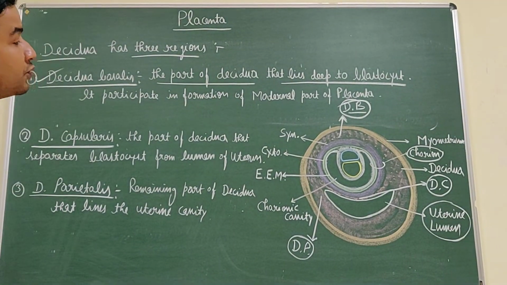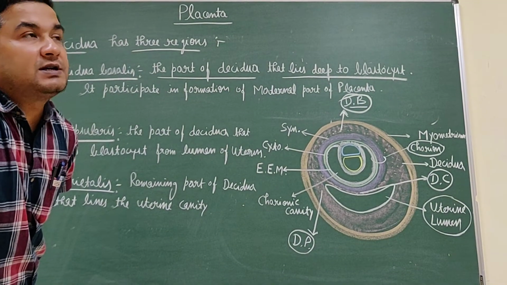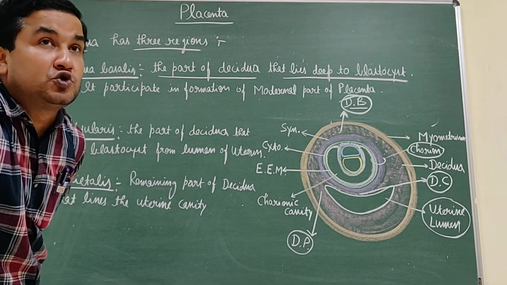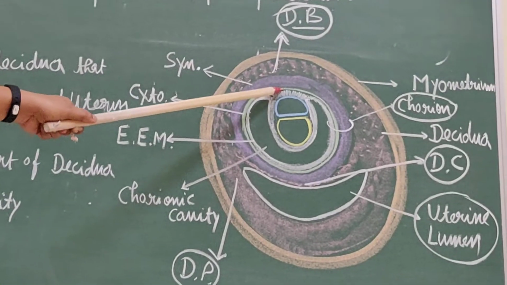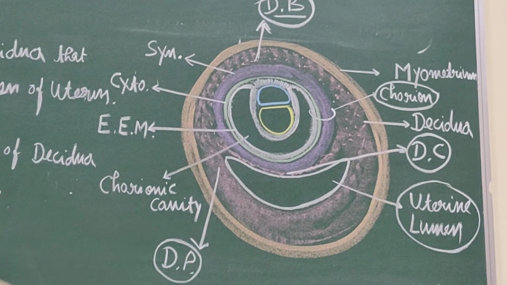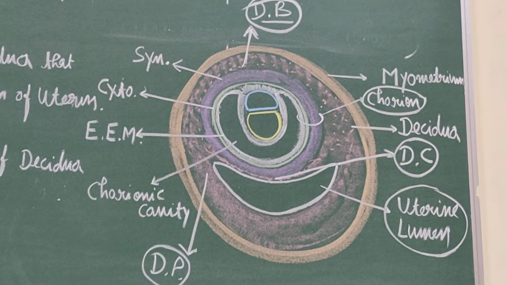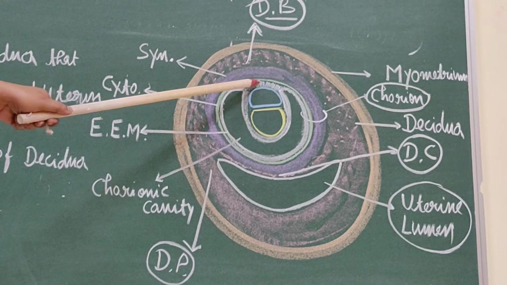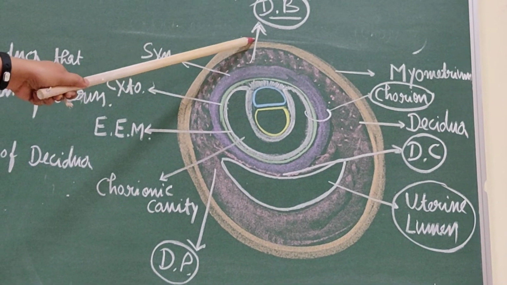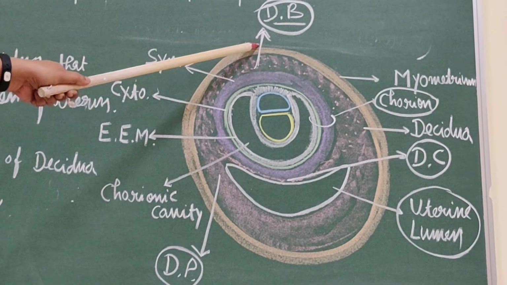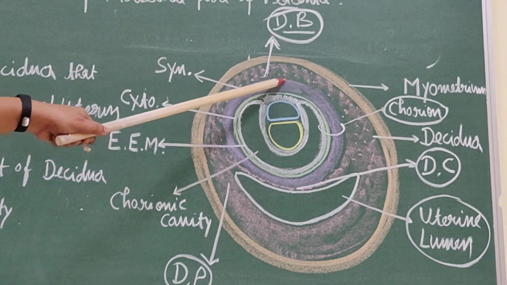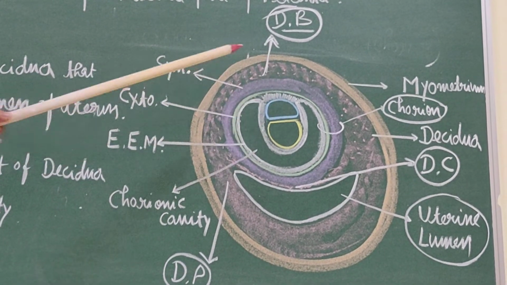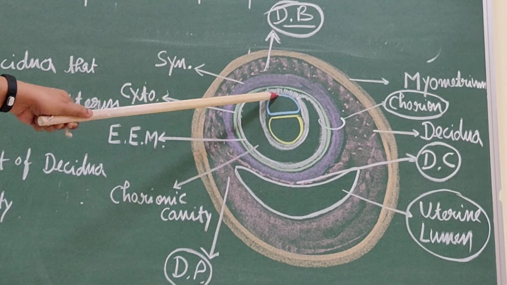Or we can say, if you remember the class, the blastocyst has two poles, the embryonic pole and the abembryonic pole. The embryonic pole is where the embryoblast is present, where the formation of the embryo starts.